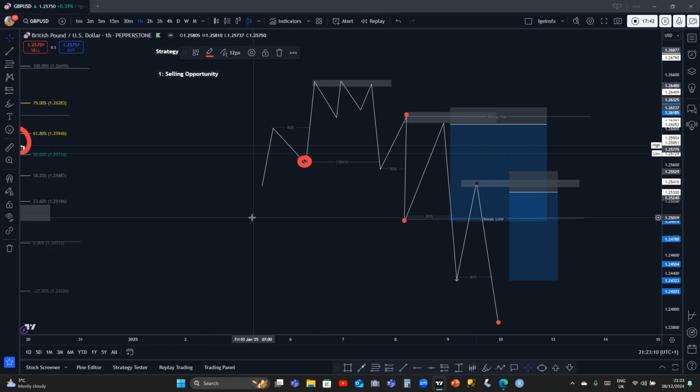If you are not a professional trader, if you have not been trading for a very long time, you don't need to trade the retracement. Once you enter and it breaks structure, you hit your TP, then you just wait for price to pull back.